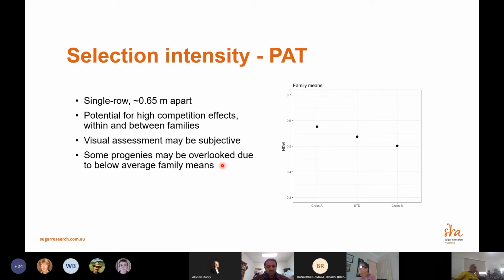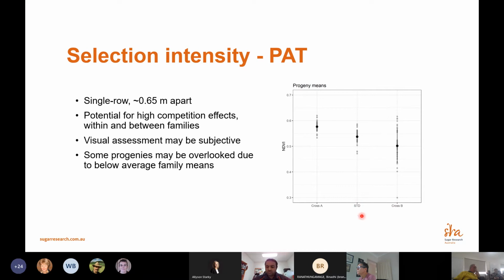But the third issue, which is potentially a big issue, is that some progenies can be overlooked if we just go by the average of family means. For example, in this graph here, we can compare cross A and cross B with the standards. This shows the NDVI of these crosses, and in most cases, cross B would be ignored, and no progenies would be selected from cross B because they have below-average performance compared to the standards.